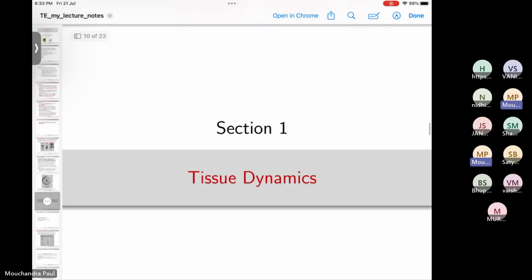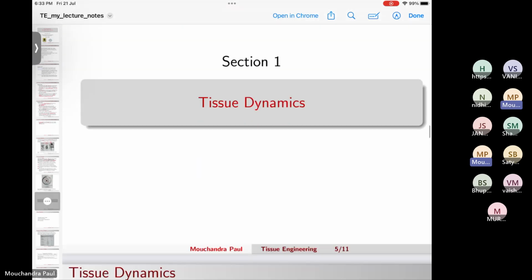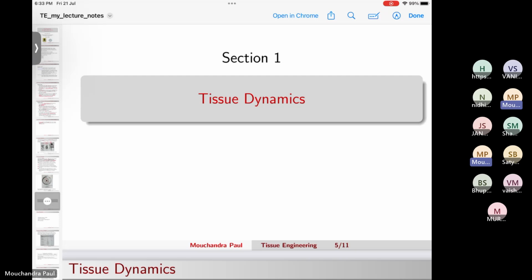Now we will move to another topic of our entire syllabus, that is tissue dynamics. So till now we studied tissue organization, how the cells and the tissues and the functional subunits of the organ are organized in a very beautiful hierarchical way in our body.